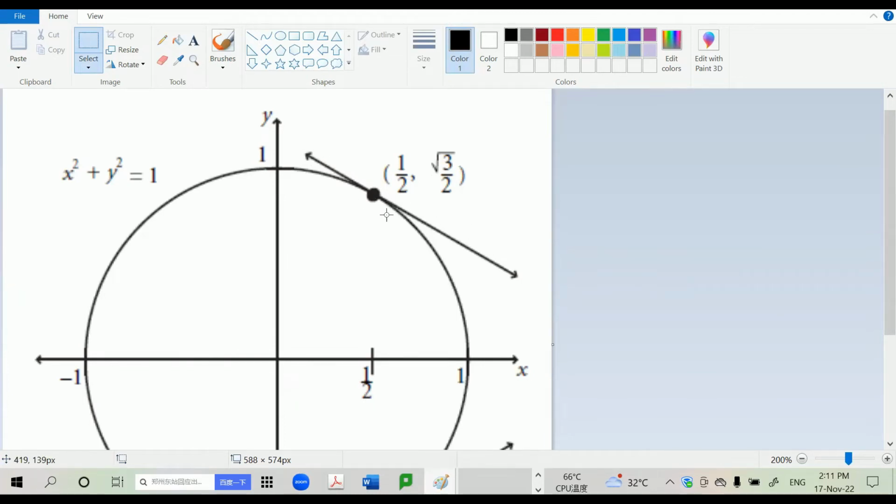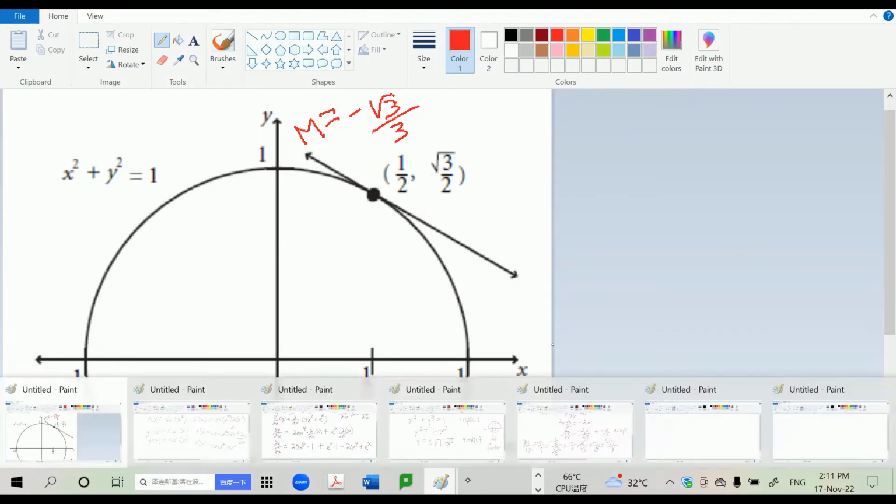So the slope over here would be then, this slope here, I'm going to write it in, would then be m is equal to negative square root of 3 over 3, okay? With this tangent line.